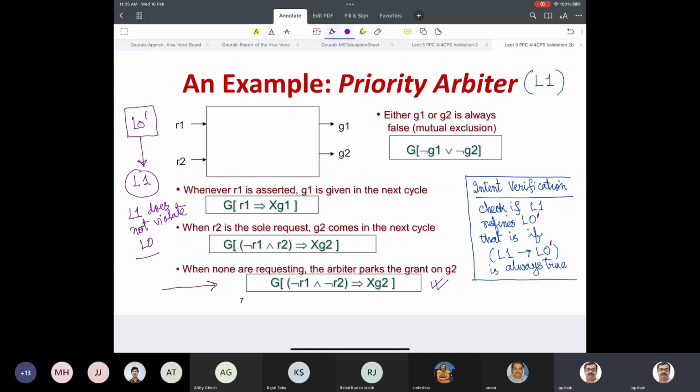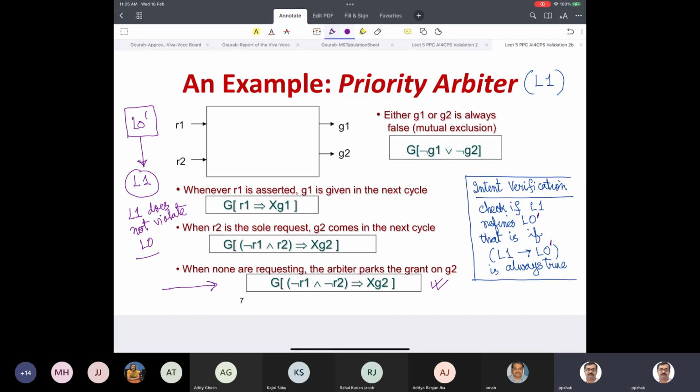Yes, please. So instead of adding this fourth step, we can modify the second step, right? We can remove the condition that R2 is true. We have to just check that if R1 is not true. Correct. You are right. The other way you could have written was, if not R1 implies XG2.